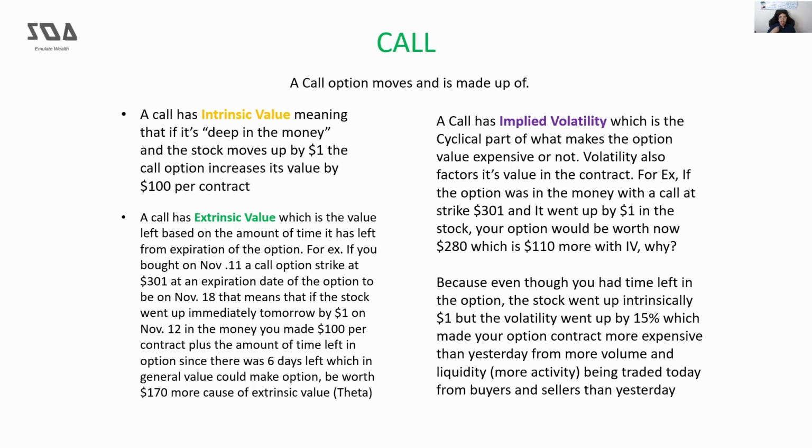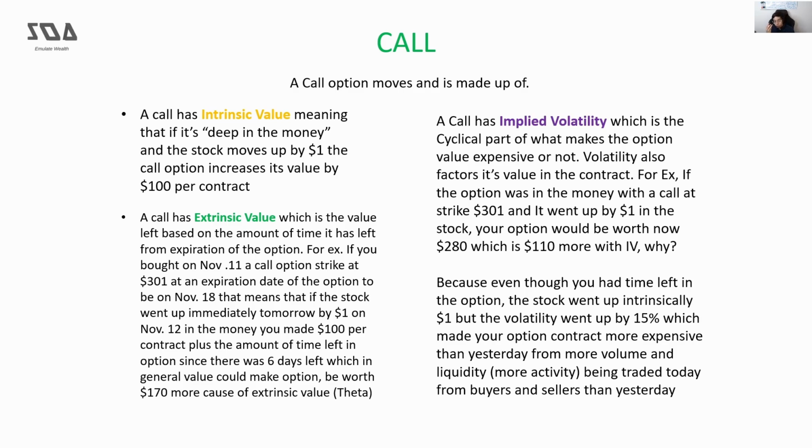Because as long as you still have time, as long as you still have theta left, the stock went up intrinsically $1, but the volatility percentage went up by 15%, which made your option contract more expensive than yesterday. When volatility goes up, it means there was more volume and more liquidity, meaning there's more activity being traded today from buyers and sellers than yesterday.